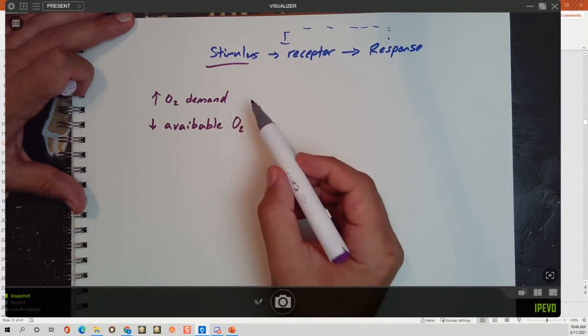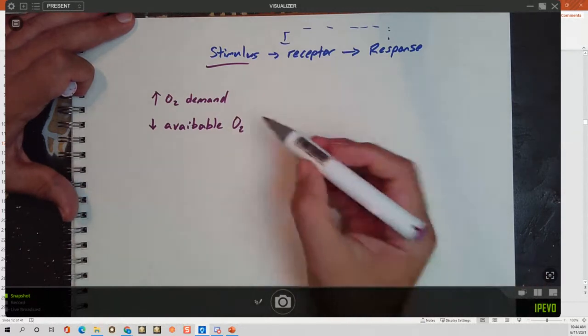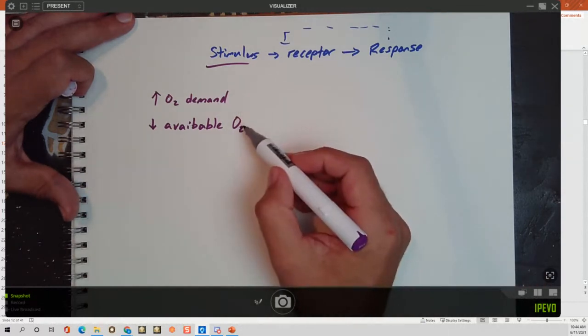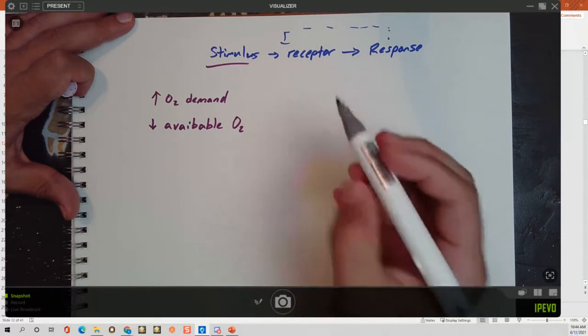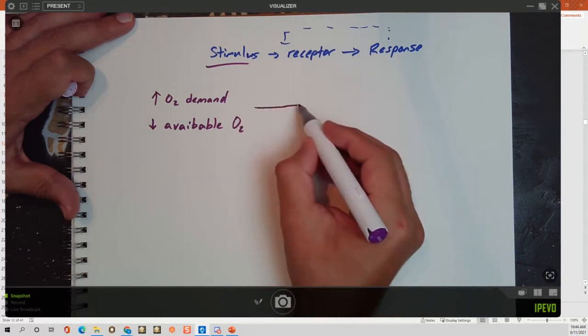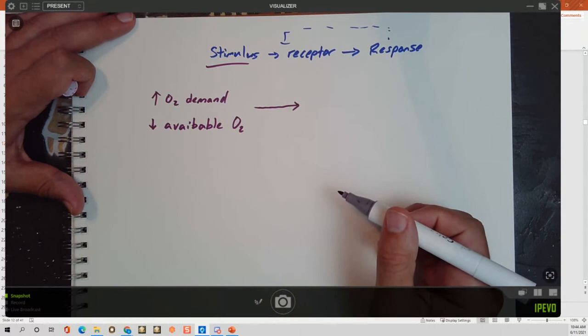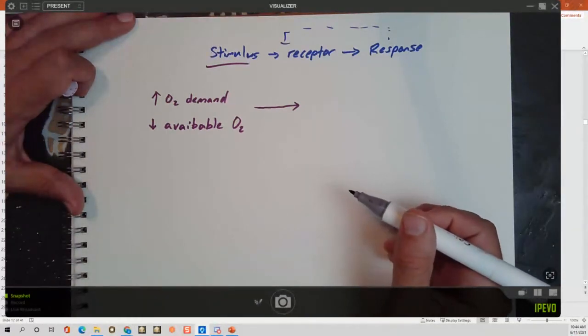Oxygen needs erythrocytes and the hemoglobin and the heme group to get to where it needs to go. So with an increase in oxygen demand or a decrease in oxygen availability, we need more erythrocytes to help with the transport of oxygen. We can't just breathe faster. That doesn't do anything if we don't have transporters available to move that oxygen around.